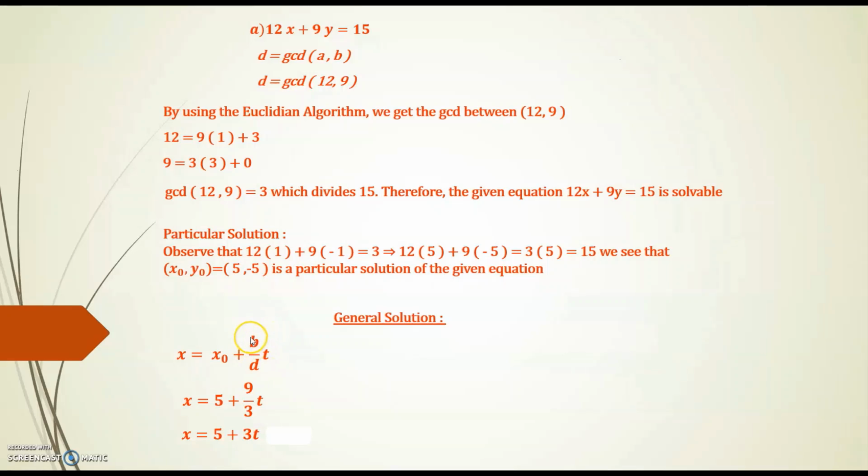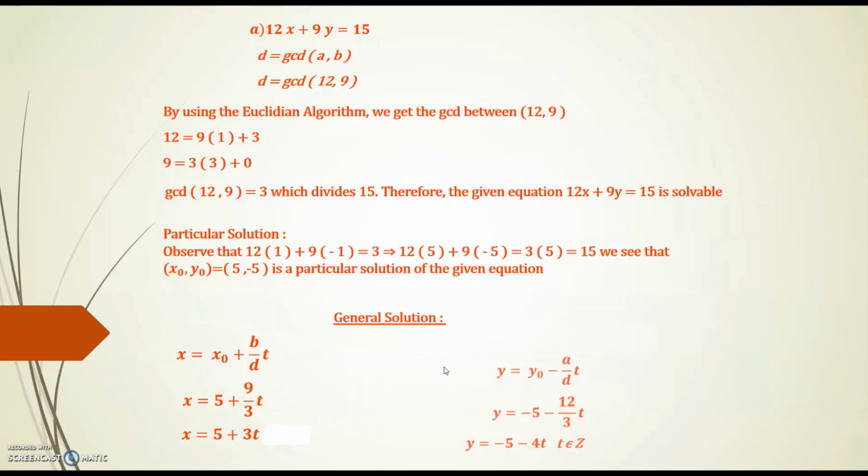Then b is the coefficient of y, which is 9. And d, as we put at the beginning, is the GCD between a and b. So when we substitute back into the equation, we get that x is equal to 5 plus 9 over 3 times t. When you do the division, we get that x is equal to 5 plus 3t.